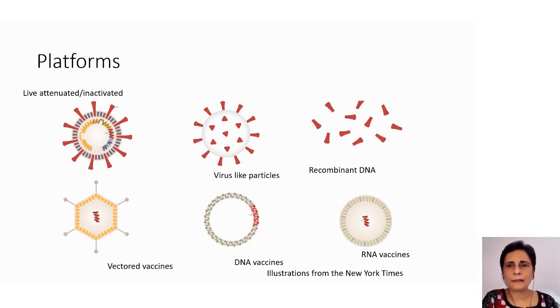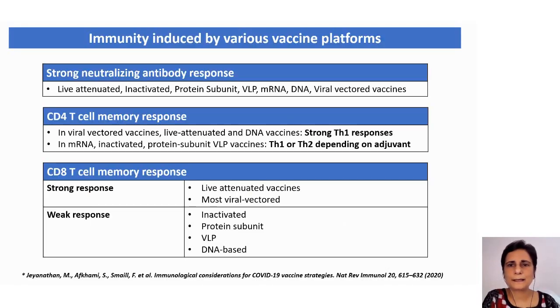Now, if we examine the vaccine platforms that are available and the kinds of antibody responses and cellular responses we expect to see, we are already seeing strong neutralizing antibody responses with all of the vaccine platforms that are being tested.